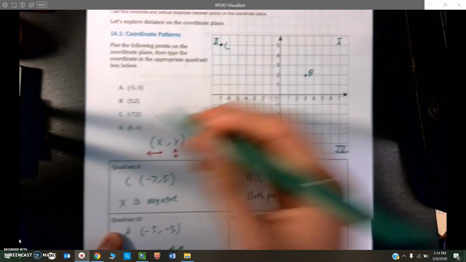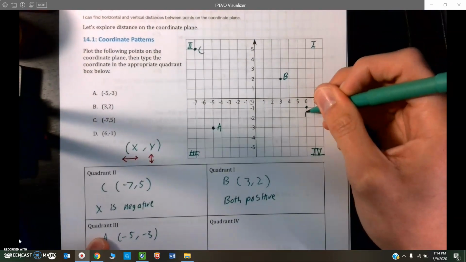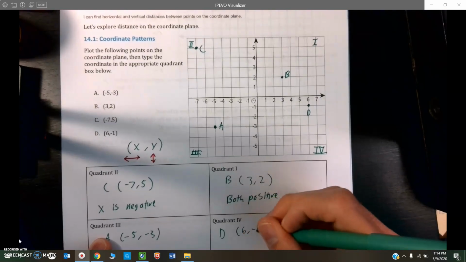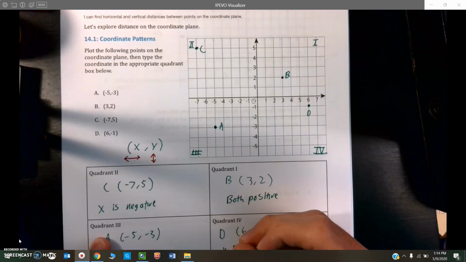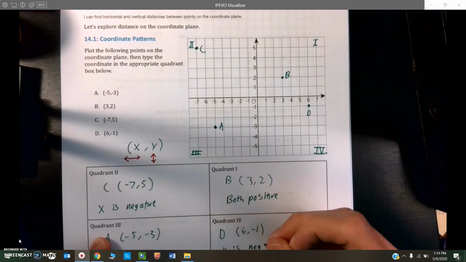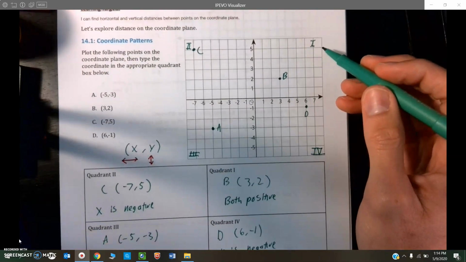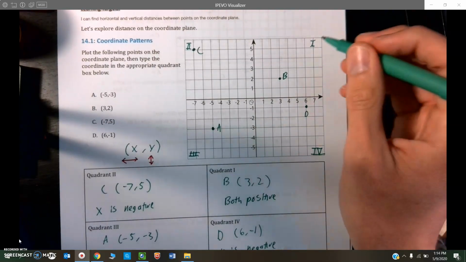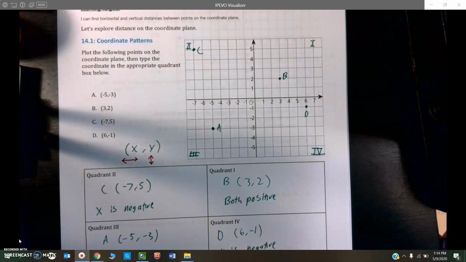The final one, 6, -1, to the right 6, down 1, and there's D. D is 6, -1. And so quadrant 4 will always be when you have a negative Y. Always remember quadrant 1 is in the upper right, and then we do this counterclockwise motion to count. 1, 2, 3, 4. Kind of a weird shape, but you'll get used to it.